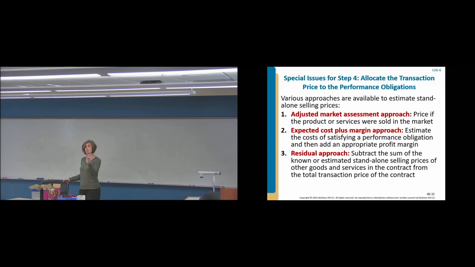If you know what you would pay for each of those things separately, the land, the building, the equipment, then you subtract the sum of the known standalone prices from the total price you paid, and you would do an entry that way. So just some multiple approaches to figuring out amounts when you have a lump sum payment or purchase. You've got to divvy it up.